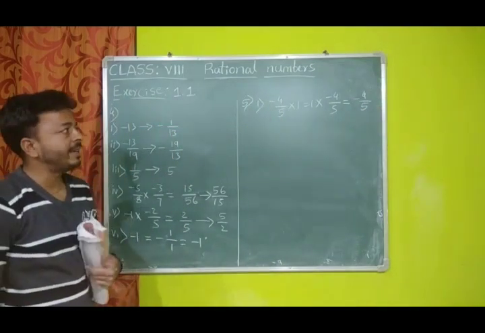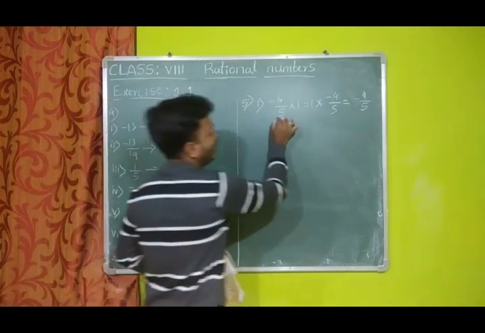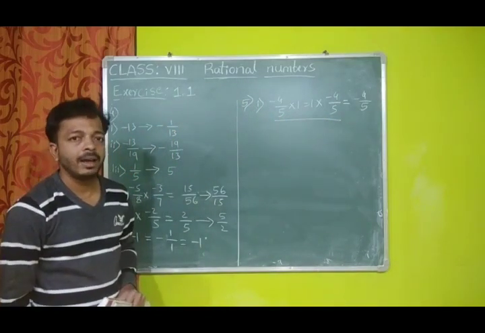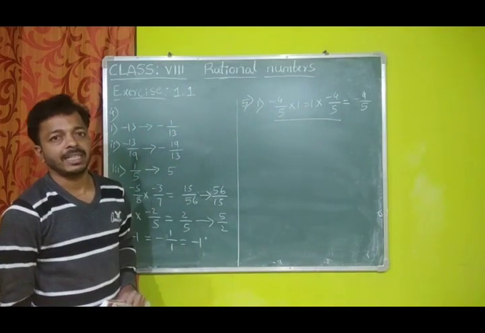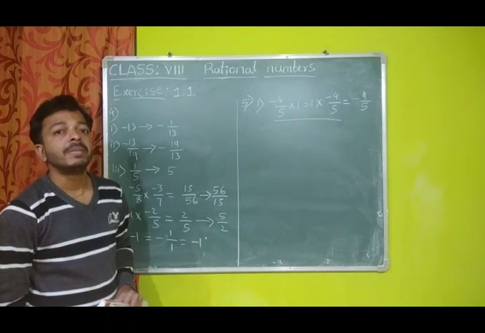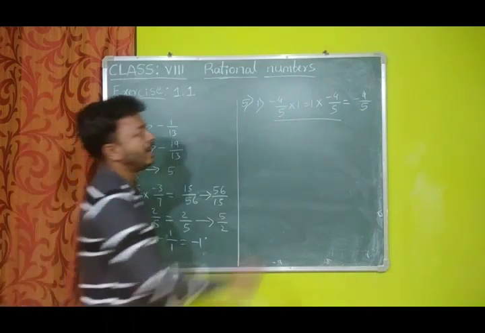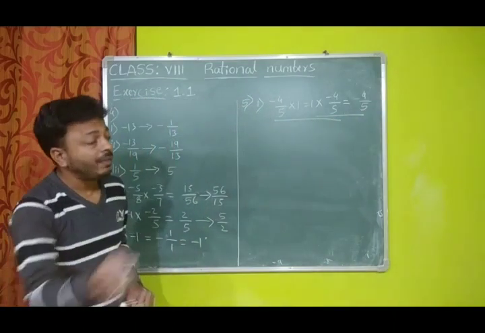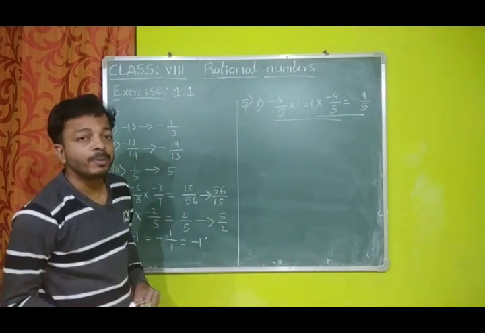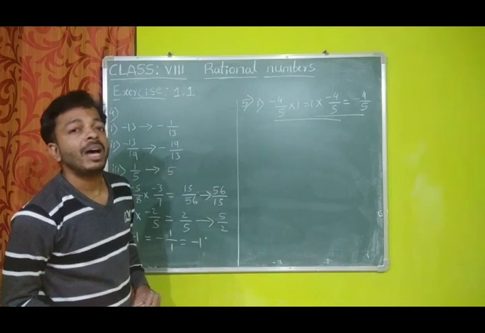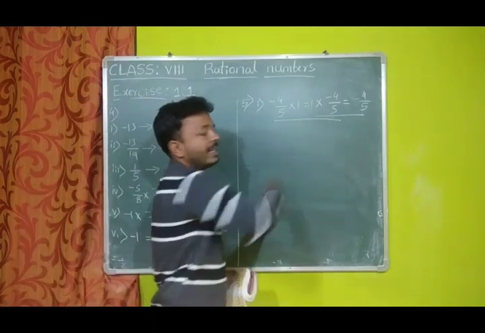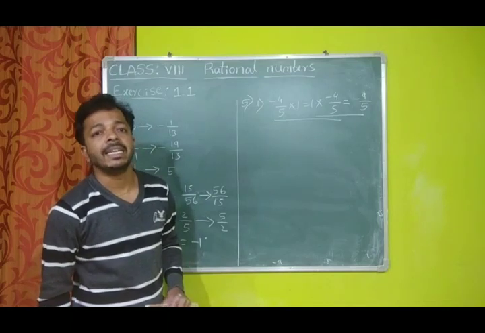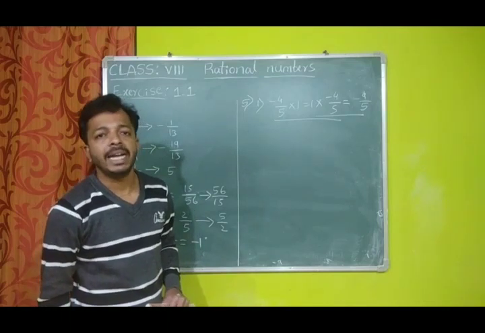See the property name here. If you are seeing these two steps only, then it's the commutative property on multiplication. And if you observe the answer also, then which property is it? Multiplicative identity. They multiplied by 1, and 1 is called the multiplicative identity.